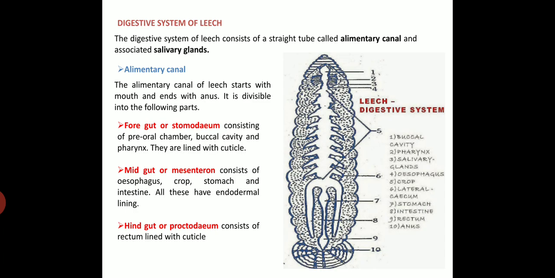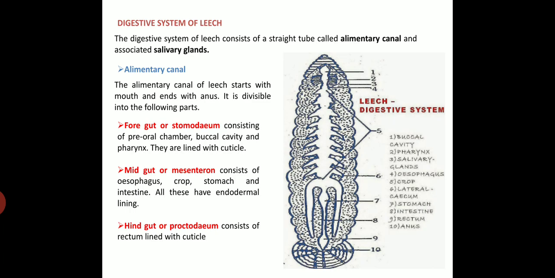The foregut or stomodeum consists of the preoral chamber, buccal cavity and pharynx. These are lined with cuticle. You can see in the picture the first part of the alimentary canal, that is foregut.